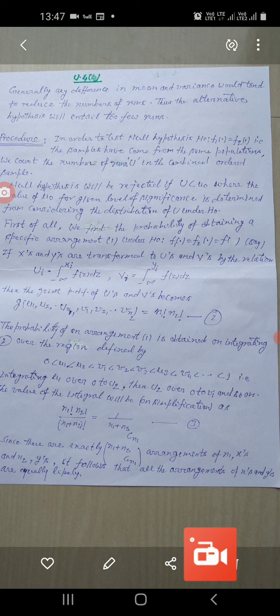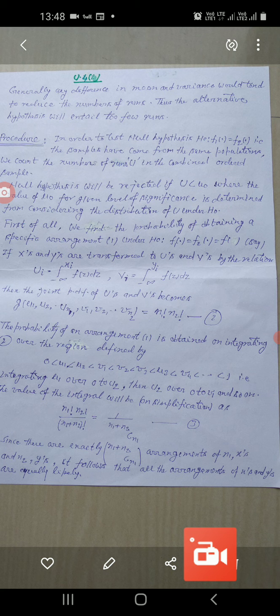The probability of an arrangement 1 is obtained on integrating equation number 2 over the region defined by 0 less than u1 less than u2 less than v1 less than v2 less than v3 less than u3 less than v4 and so on, up to less than 1, means between 0 and 1.